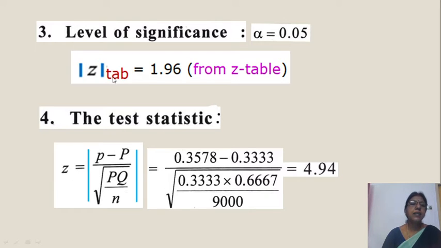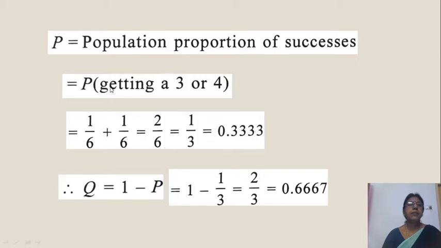If Z calculated is less than Z tabulated, then we conclude the null hypothesis H naught is true. Otherwise, if Z calculated is greater than Z tabulated, then we say the null hypothesis failed. That means H1, the opposite of H naught, is right.